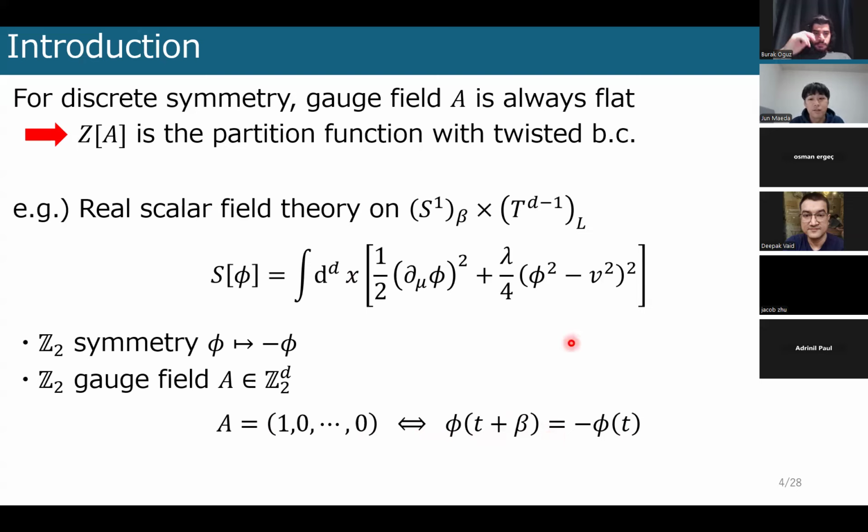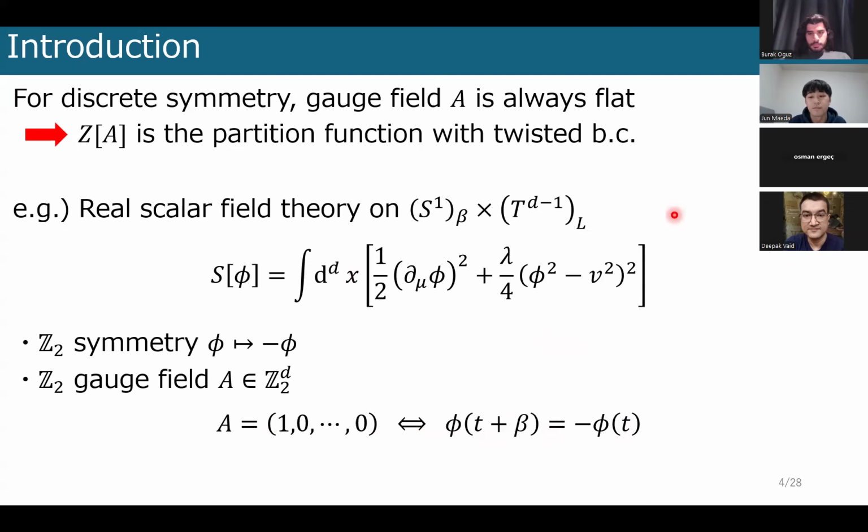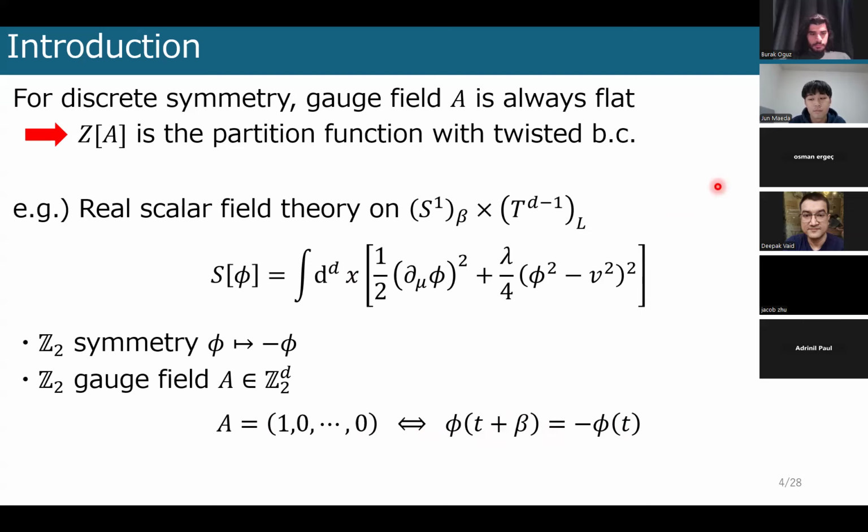I have another question. So for a discrete symmetry, the gauge field is always flat. But then are you saying that the boundary conditions are twisted because you have a discrete symmetry? So here, for non-trivial gauge field, it is equivalent to imposing twisted boundary condition.